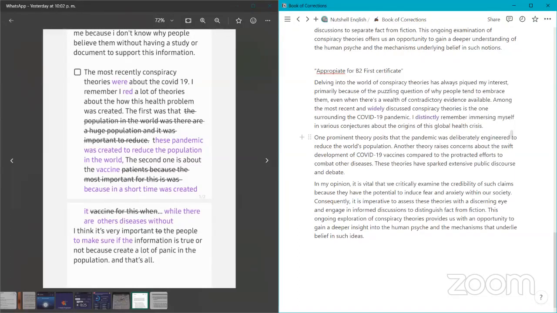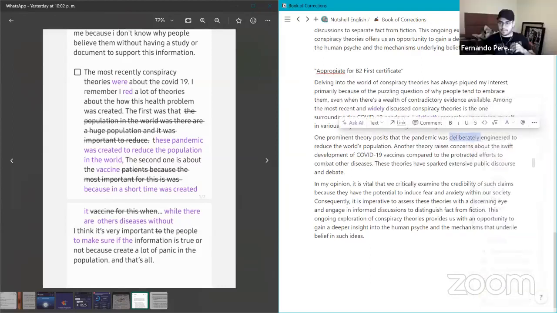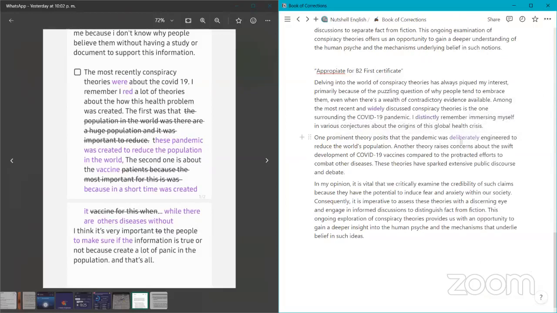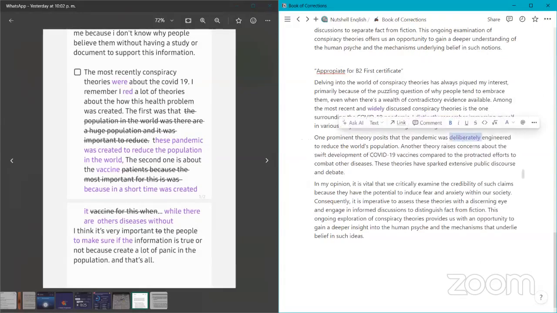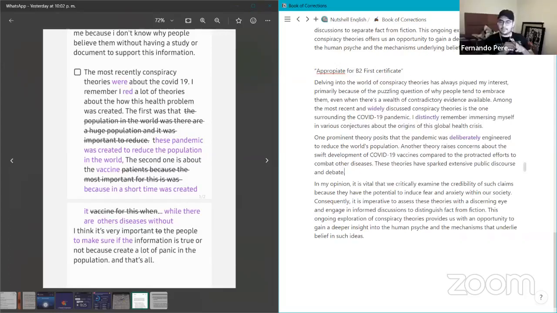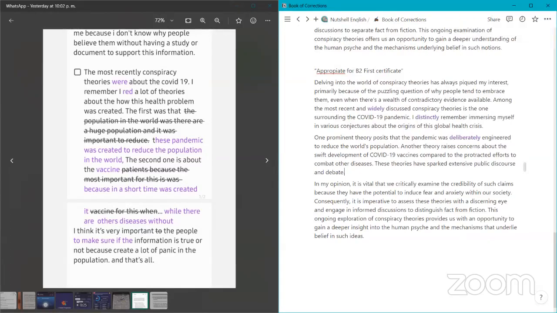And one prominent theory posits that the pandemic was deliberately engineered to reduce the world population.